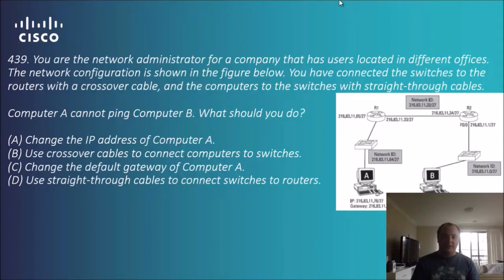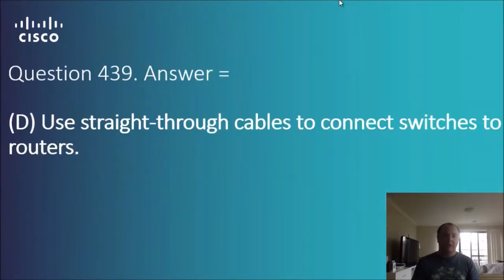If we simply read this question, it's saying switches and routers are being connected with a crossover cable. You do not put a crossover cable between different types of devices. We know that's wrong, so that leaves us with D as the answer. Use straight through cables to connect switches to routers because they are different.